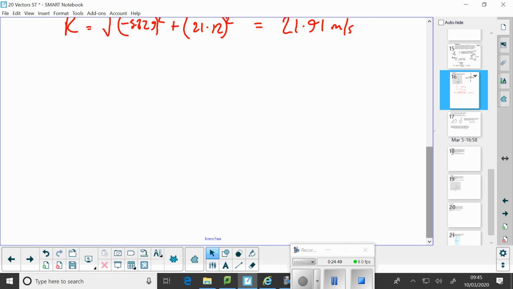So we've got a total horizontal component of minus 5.829, so it's in the negative horizontal direction. We've got a vertical component of 21.12 meters per second.